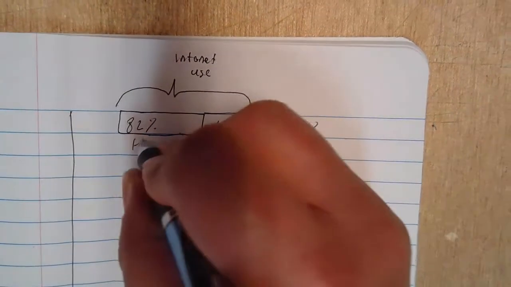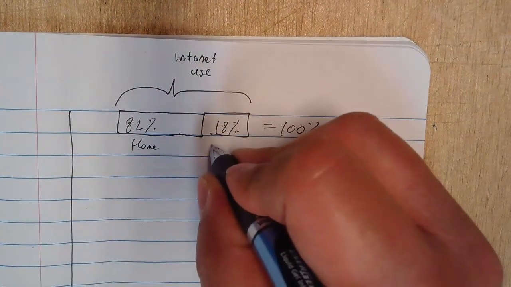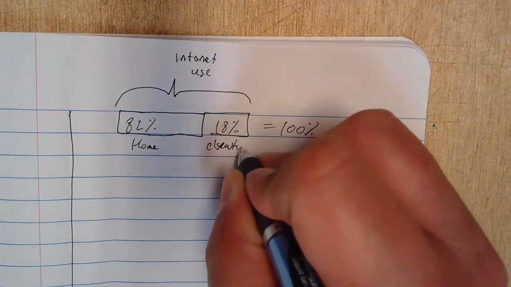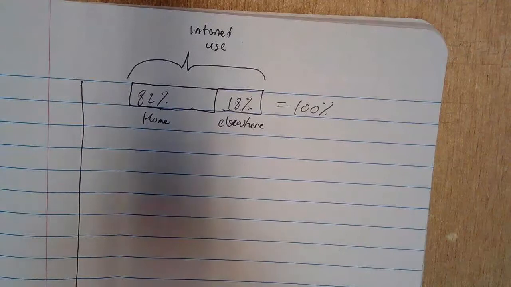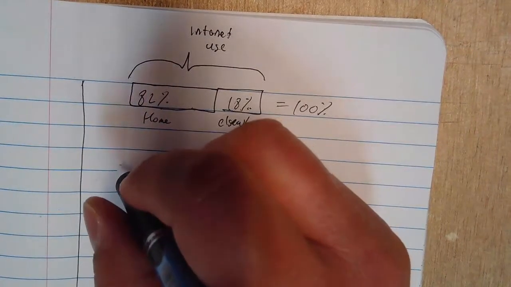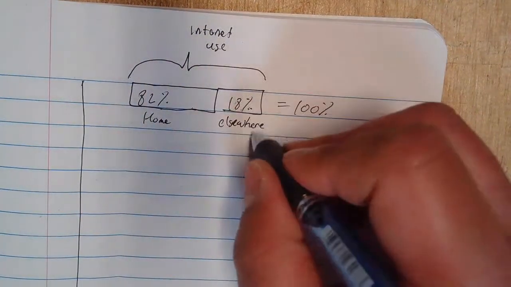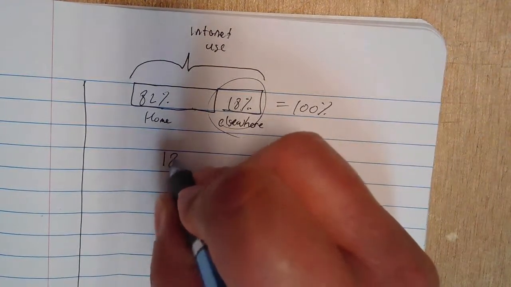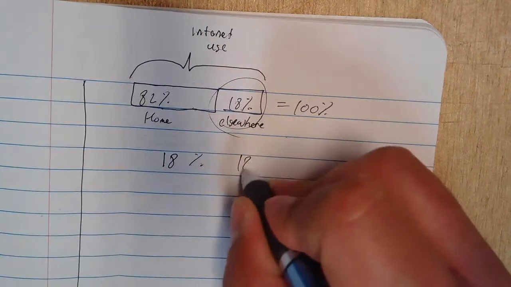This is people that do it at home. And this I'll put down elsewhere or somewhere else. Okay, but we want fractions, I believe. Yes, fractions. We want the fraction of this one. How many people use the internet somewhere else? What fraction? So 18% becomes 18 per 100.